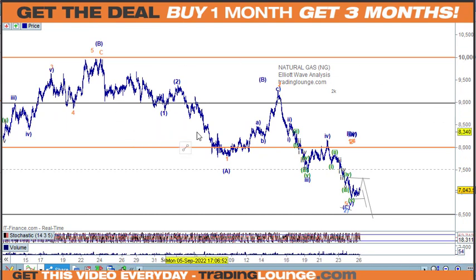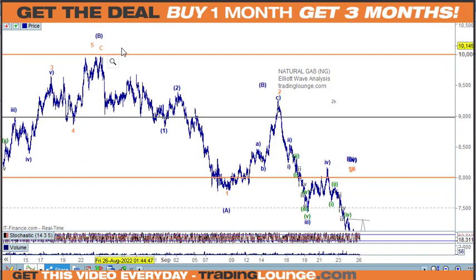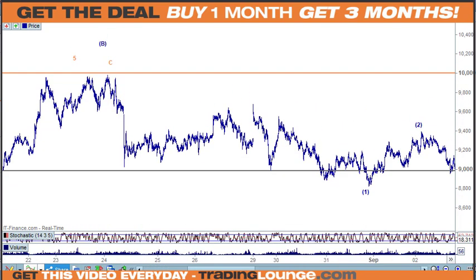And I pulled all this apart as well. It's difficult to count this down here as wave 1 and wave 2 here. Even as an A wave, I'd have to count it as an A wave, a B wave, and a C wave here, because I've looked at this in a bit of detail. This section here, there's a couple of ways you could look at it.